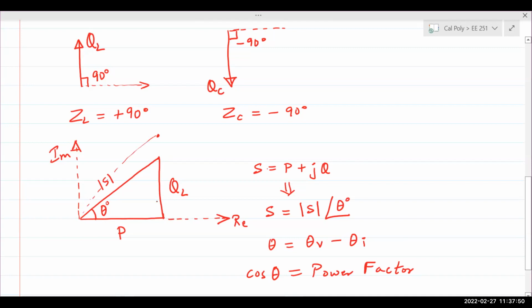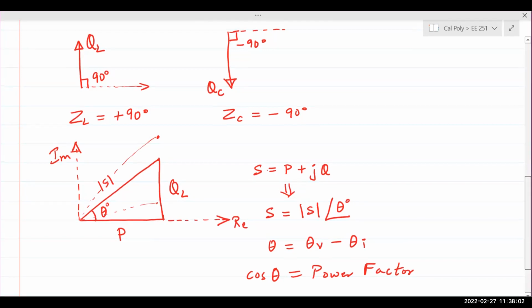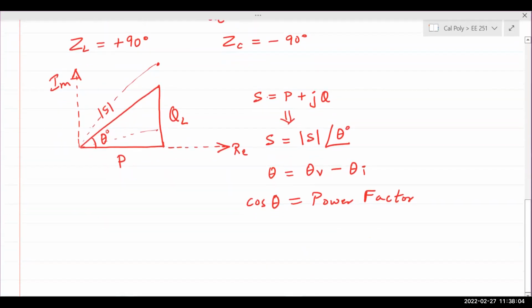If the Q requirement is down here, the angle is smaller. So it is desirable to have a very small angle so that you don't have to transmit all of that reactive power. And the process of lowering the requirement of this inductive reactive power is known as power factor correction.